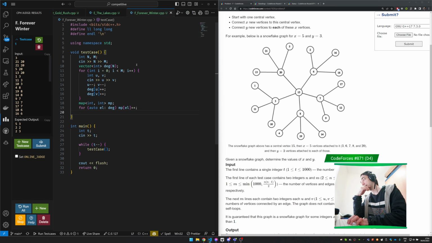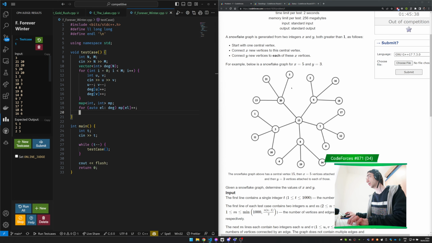Is it always the case? Start with one central node, then connect. I think it's always the case.